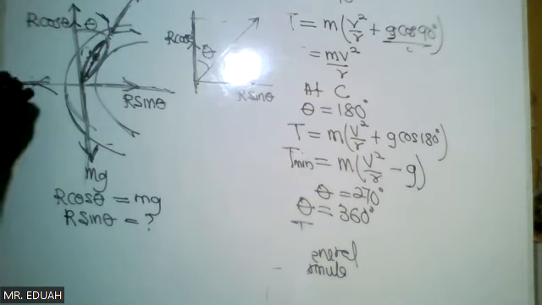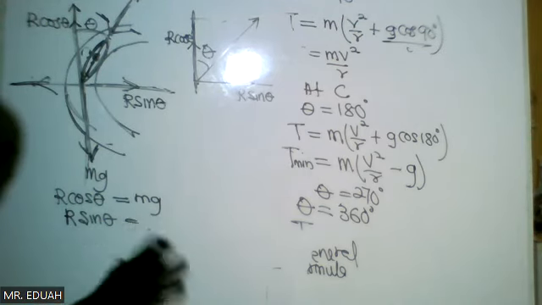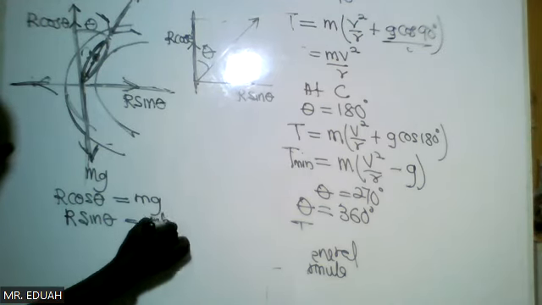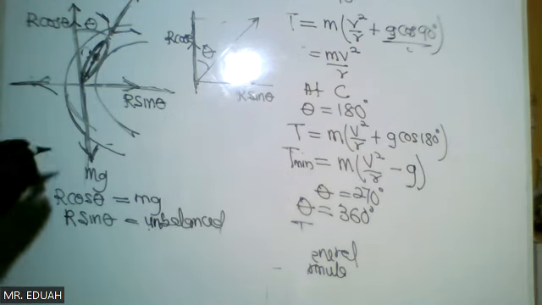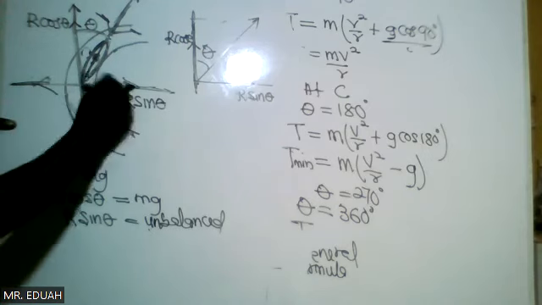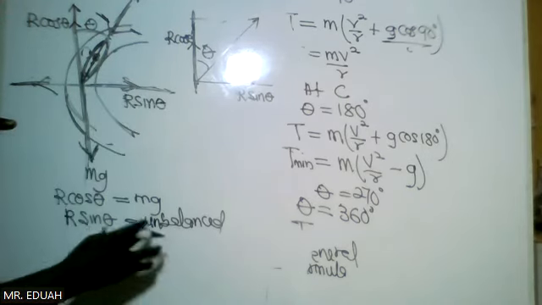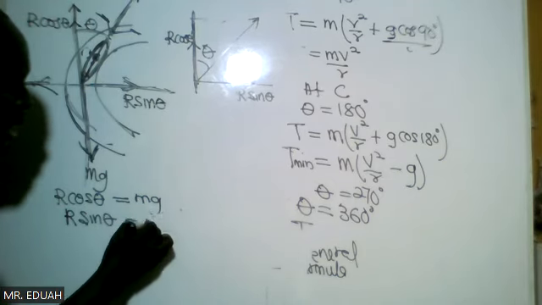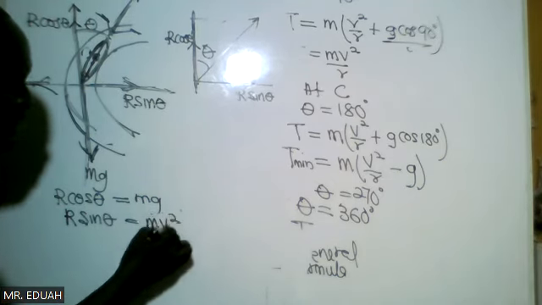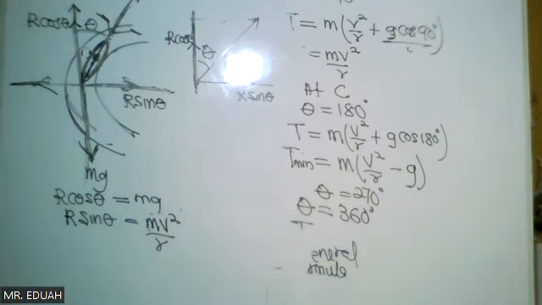So we say this is unbalanced. But this component, which is unbalanced, has a direction towards the center and along the radius. So we equate it to mv squared over r, the centripetal force.